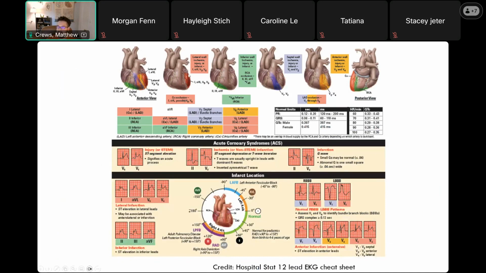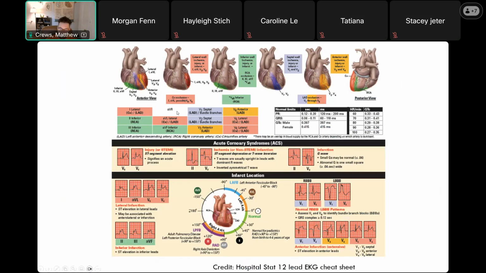If you're looking at the lateral wall, it's going to be AVL, V5, V6, right? And you'll see stuff wrong with that, and you'll be like, oh, that means it's dead, which is bad, okay?